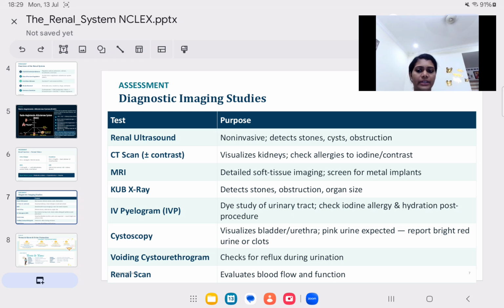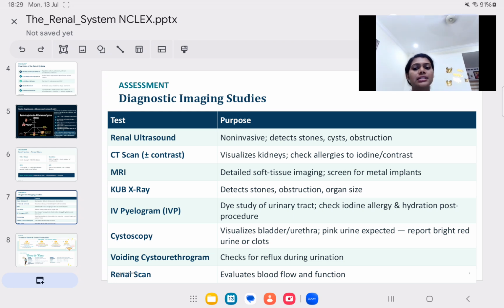And an intravenous pyelogram, IVP, can be done. This is also a dye study to diagnose any abnormalities in the urinary tract. Before the study we also need to check for any iodine allergy, and after the procedure we need to instruct the patient regarding hydration.